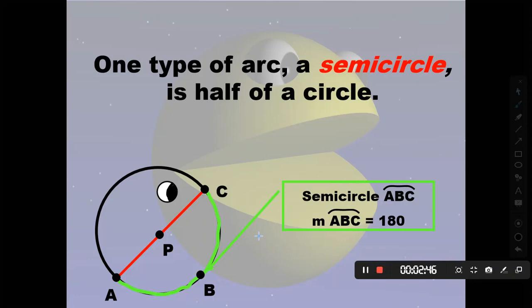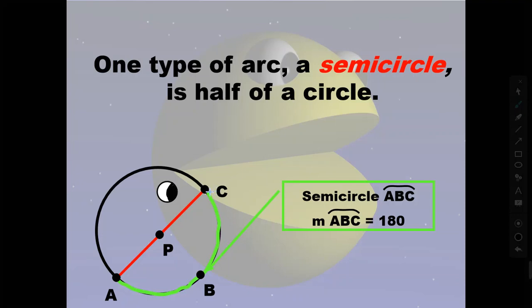One type of arc is called a semicircle. It's half of the circle. What does this mean? You can see here for this central angle, the vertex is exactly the center of the circle, so it's called P. Then arc ABC is the arc of this central angle, and it is exactly half of the circle.